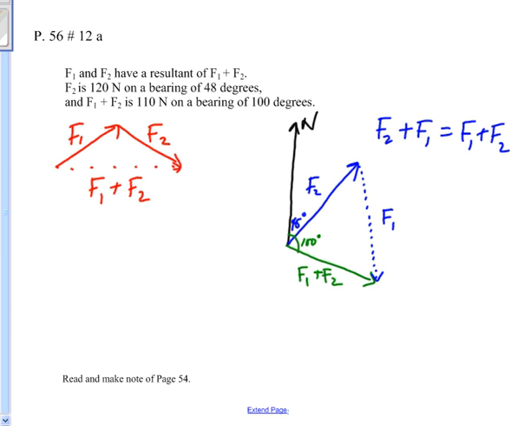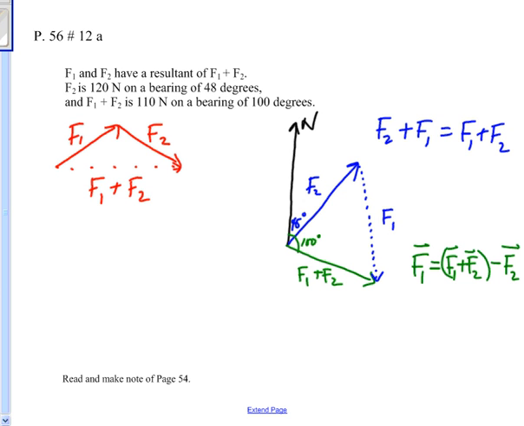In other words, my force 1 is equal to the resultant take away that second force. So I've got a subtraction.